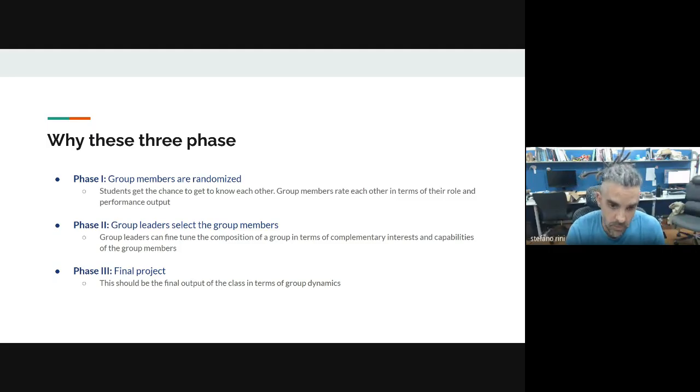In phase two, we're going to have group leaders. By the time you get to phase two, you should understand that the composition of the team for the challenge should not be based on the people that you like the most, or your roommates or your friends, but you really need to have complementary capabilities. When you work in a group, you need somebody that takes decisions and keeps people accountable for the work that they do.